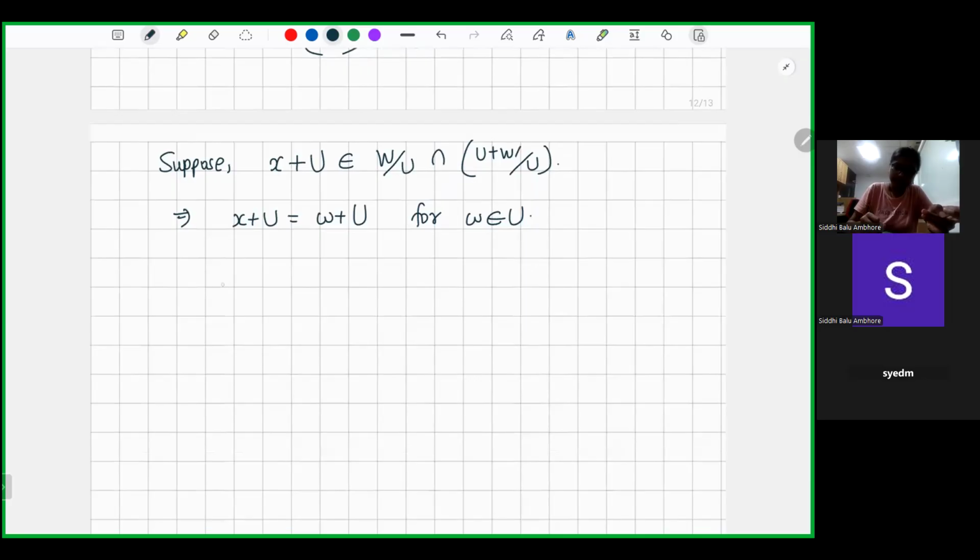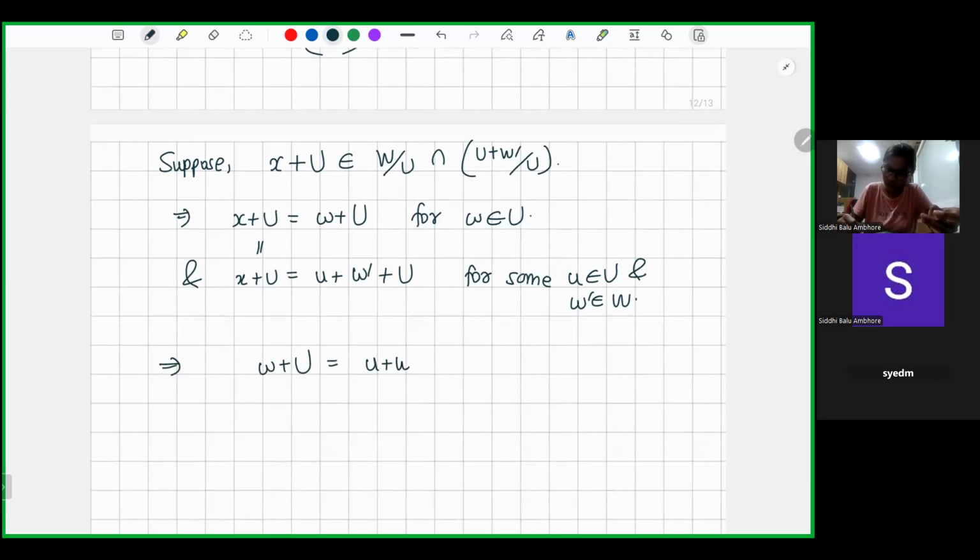And similarly, this X plus U will be some U plus W dash plus U for some U in U and W dash in W dash. That's what the definition says. Okay, and since these two are the same, we get that W plus U is U plus W dash plus U.